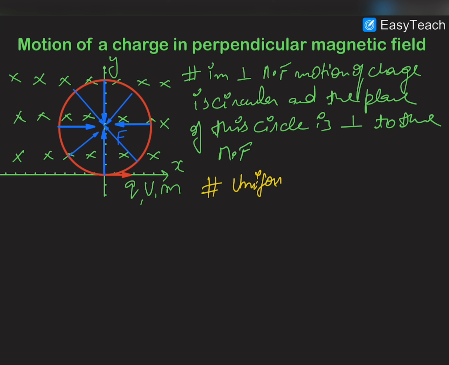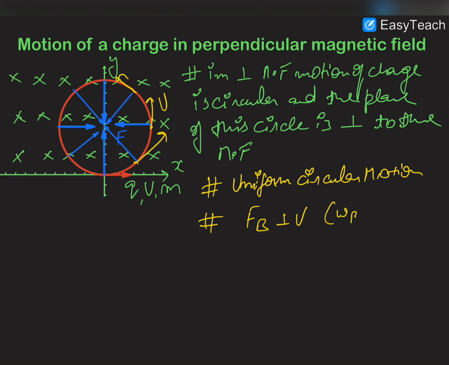Now, why is it a uniform circular motion? Because in every case, the velocity is perpendicular to the magnetic force. F magnetic is perpendicular to v, which means the work done by F magnetic is 0.